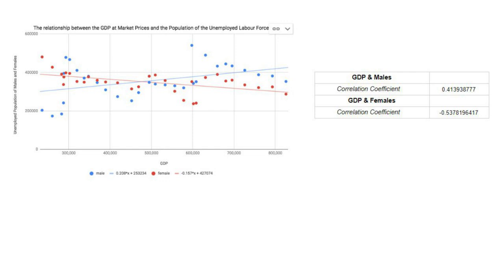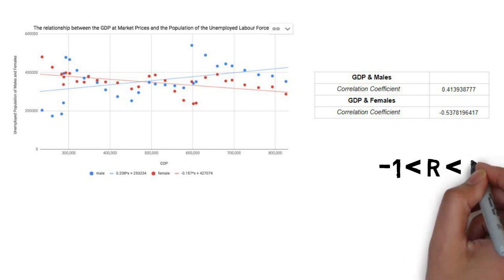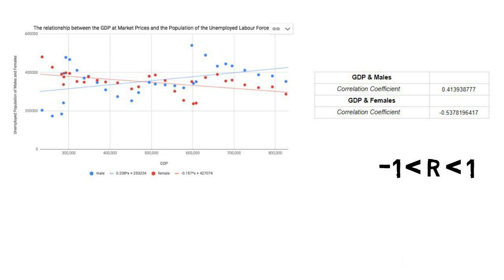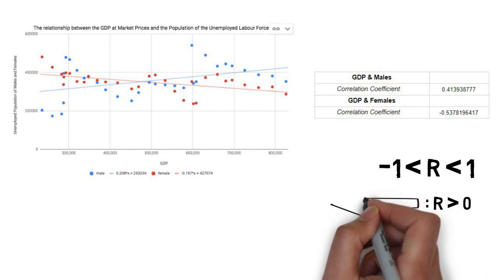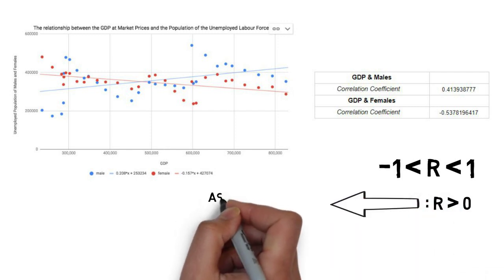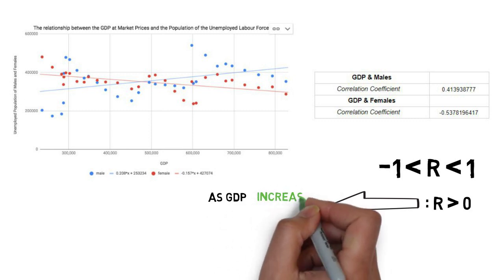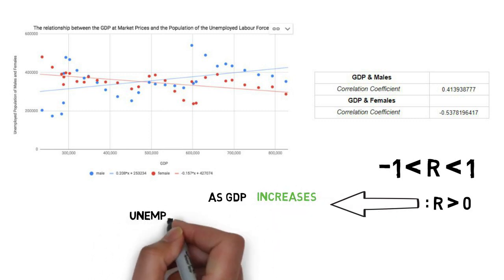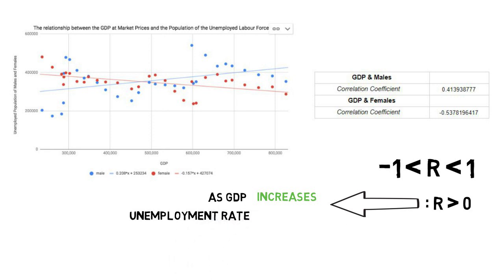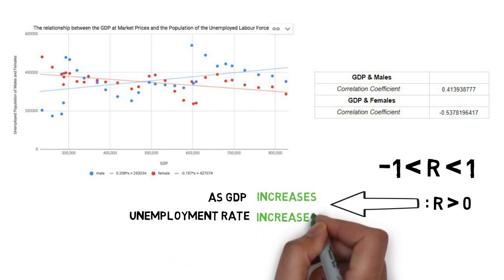This number demonstrates that as one dataset increases, the other decreases. In this correlation, the trend line is generally decreasing. The closer our value is to 1 or -1, the more our scatter plot would resemble a straight line. We found that for male workers, as the population of unemployed workers increases, the GDP in that year has increased as well, due to the fact that the correlation coefficient between the dependent and the independent variable is a positive value.